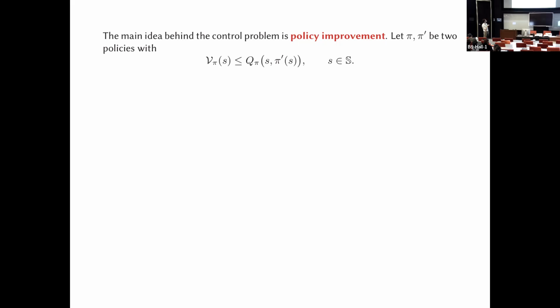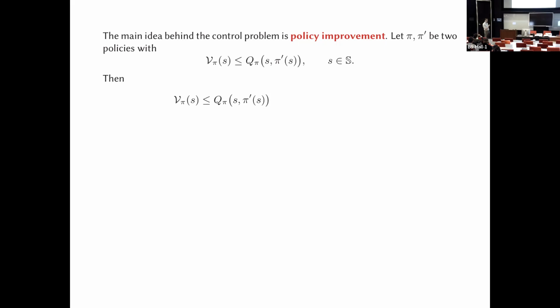And this somehow makes it that Q is bigger than V in all possible states. So intuitively, this tells us the action that pi prime chooses is better than what pi wants to do. And you can prove that this is really correct. Pi prime will then be better than pi.